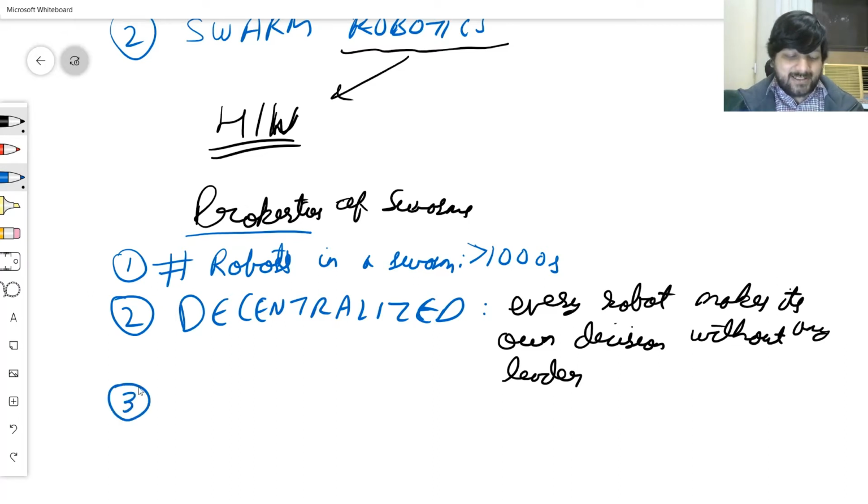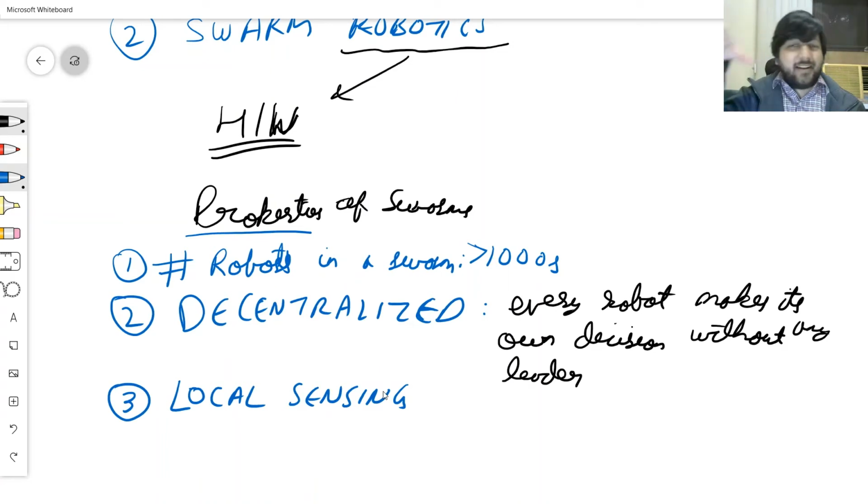Now, because it's decentralized, we'll have to put one more constraint, and that constraint is that the robots only have local sensing. So every robot can only look at the things which are around itself, and that's again important because, same example, if one robot is making its decision based on the observations of thousands of robots and it's working at 100 hertz, the amount of data with that one robot is too much.